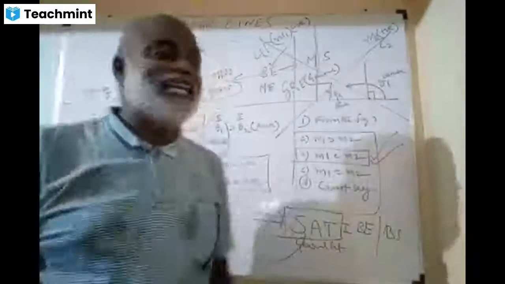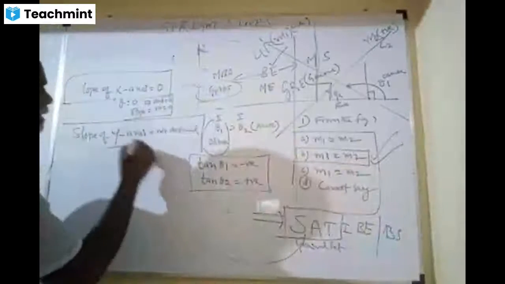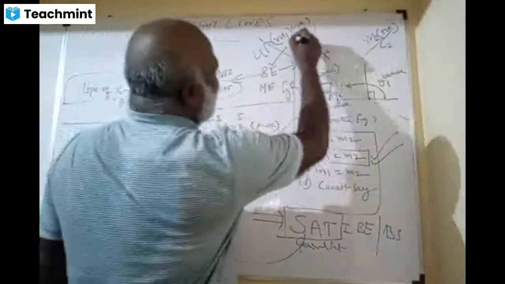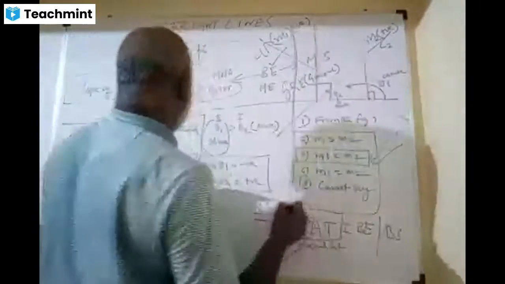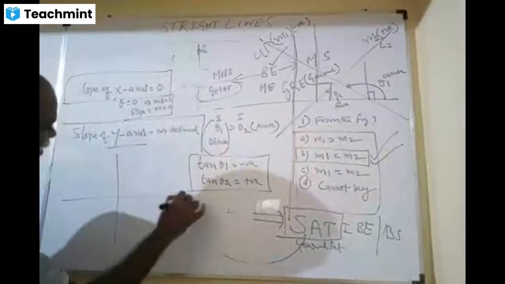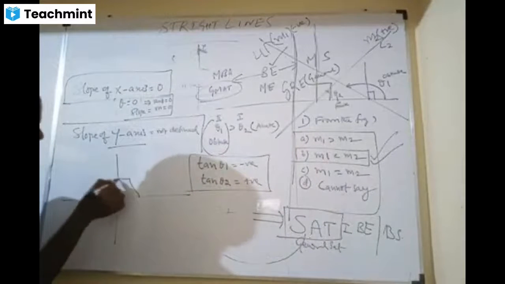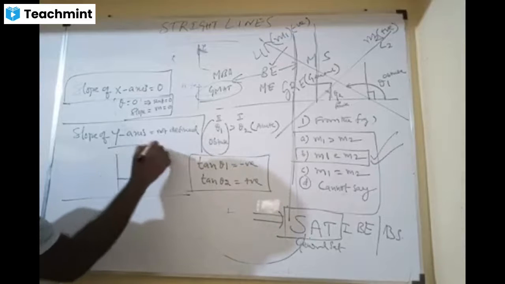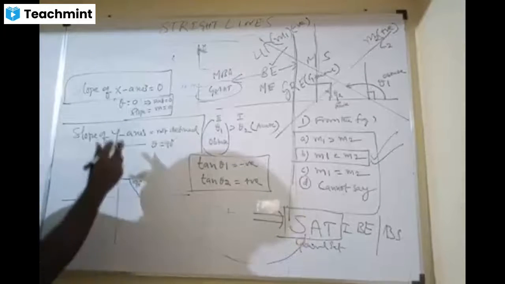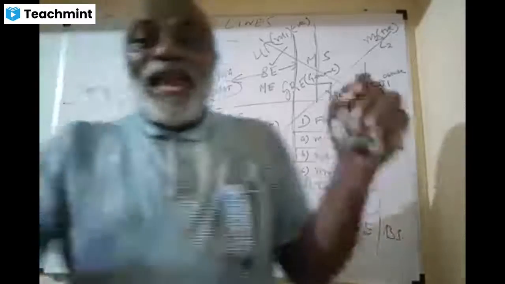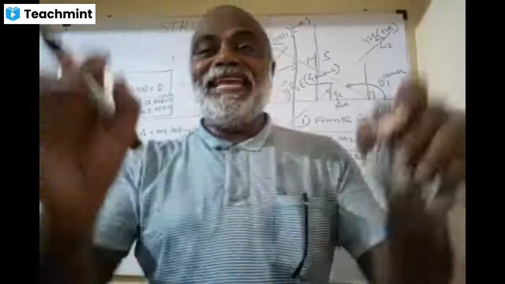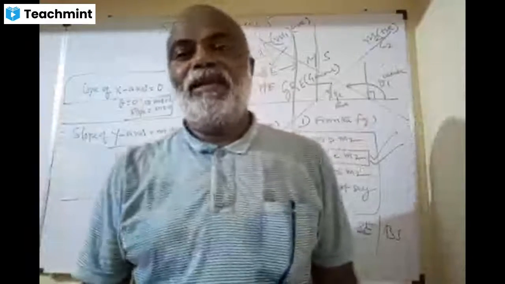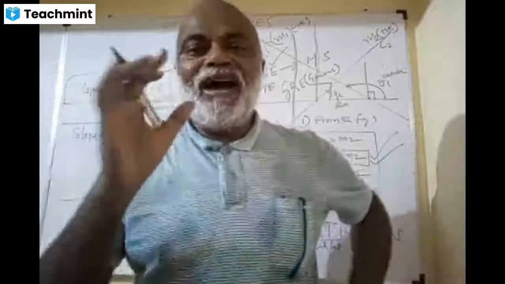This is called the y-axis, and we measure from the x-axis. So when theta equals 90 degrees, the y-axis makes 90 degrees with the x-axis. All of us know this, correct?